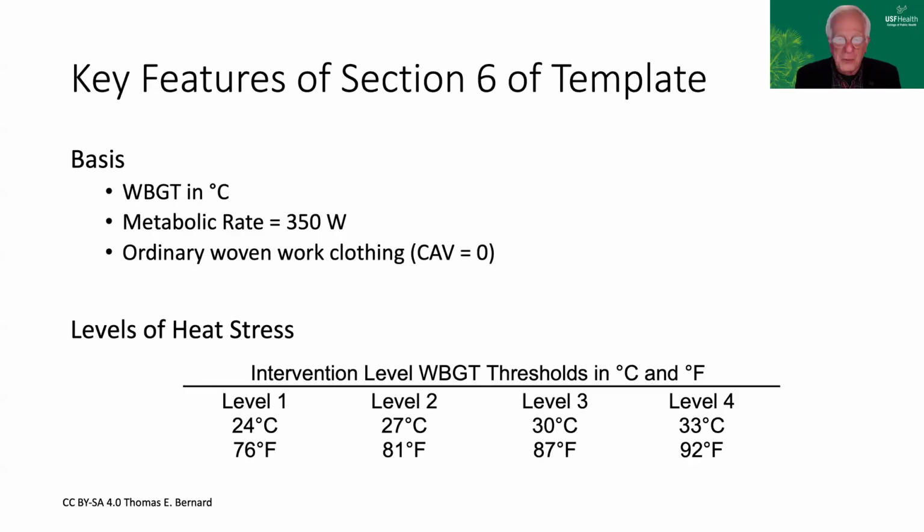I talked to the woman who manages heat stress in the Disney Corporation. She told me the same thing. She uses degree C just to avoid people relating it in their minds to air temperature. And then these will be the levels of the thresholds for the different levels of heat stress, assuming woven clothing and a metabolic rate of 350 watts.